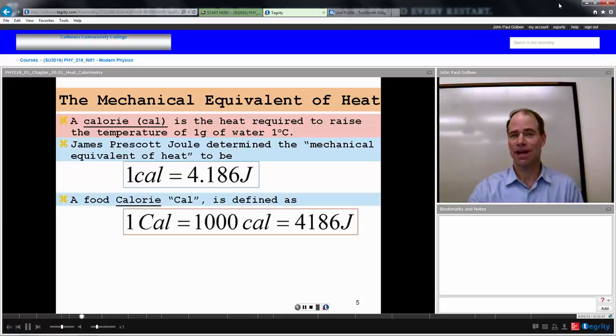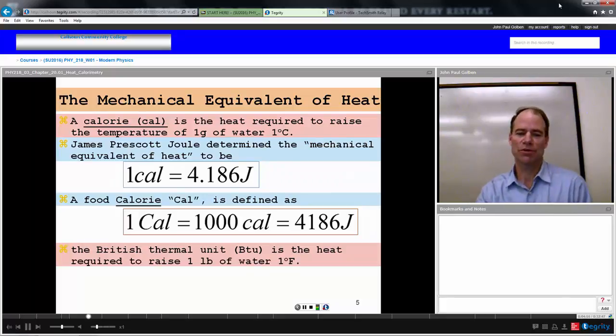Now a food calorie is actually 1,000 of these calories. A food calorie, as we talk about when we say how many calories did you eat today, 1,200 calories today, is 1,000 of these smaller calories. And hence, 1 food calorie is 4,186 joules.